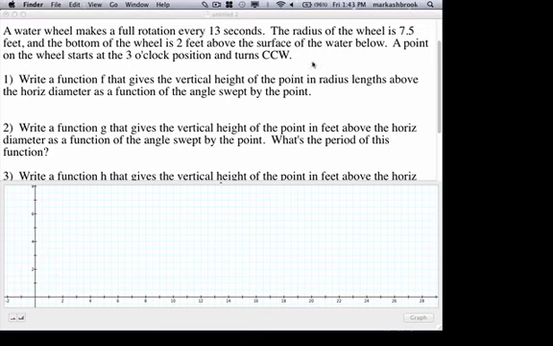So this is the water wheel. This is what you worked on. The water wheel makes a full rotation every 13 seconds. The radius of the wheel is 7.5 feet. The bottom of the wheel is 2 feet above the surface of the water.